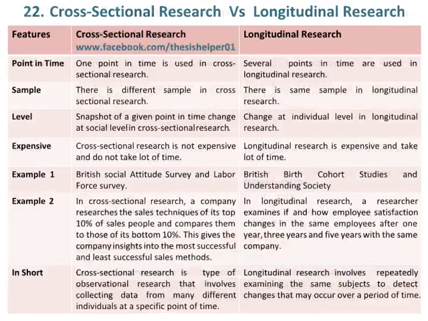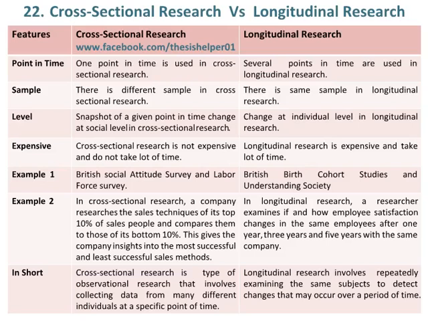One point in time is used in cross-sectional research, whereas several points in time are used in longitudinal research. There is a different sample in cross-sectional research, whereas there is the same sample in longitudinal research. Cross-sectional research is a snapshot of a given point in time, showing change at the social level, whereas longitudinal research shows change at the individual level.